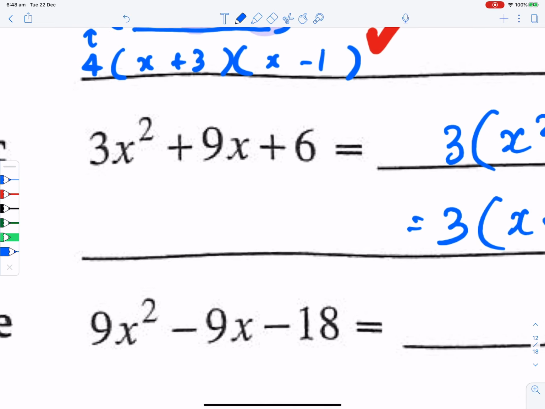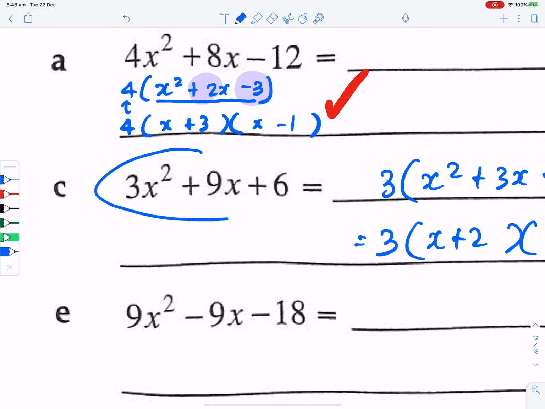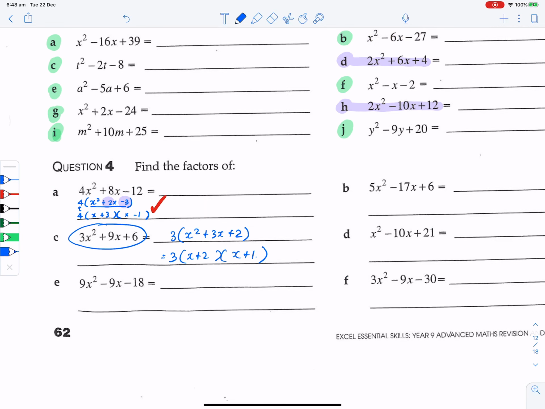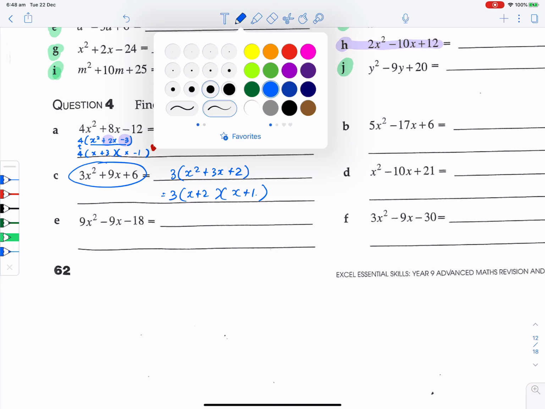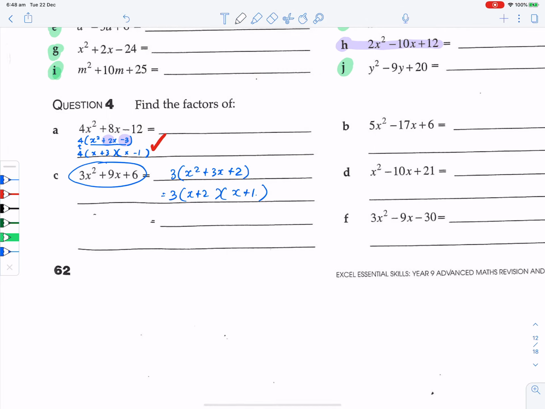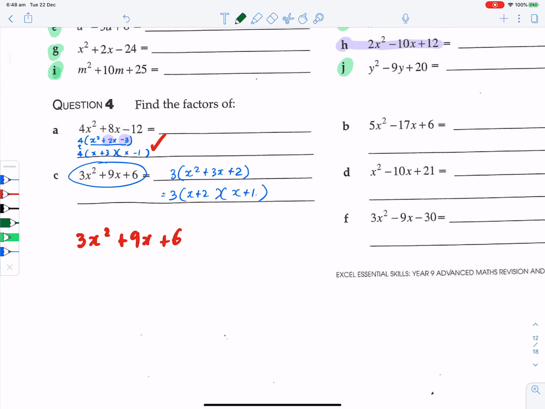now, what happens if you didn't identify from the very beginning that a 3 could have been taken out? Well, let's have a look at what would happen there. What I might do in the meantime is let me just get rid of all of this so we've got a bit of space here. Okay. So let's have a look. If this was your question, if you decided to not take out the 3, what would happen?